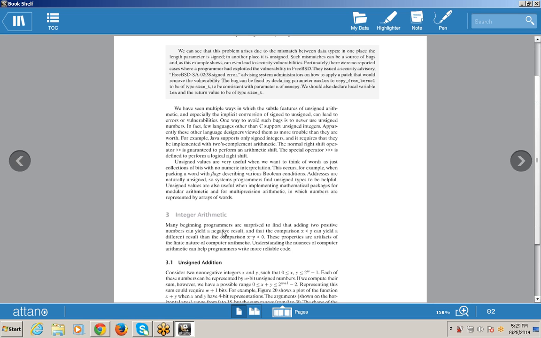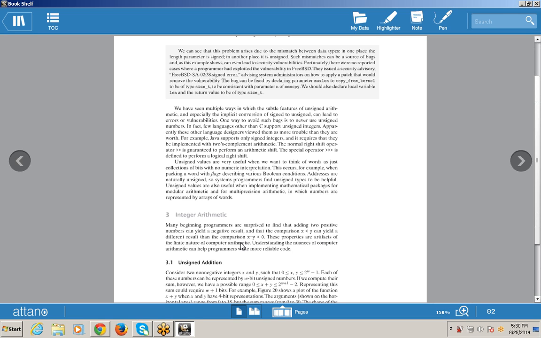Many beginning programmers are surprised to find that adding two positive numbers can yield a negative result. Can you imagine? Whenever we add two positive numbers, they may also give a negative result, and the comparison x < y can give a different result than the comparison x - y > 0.